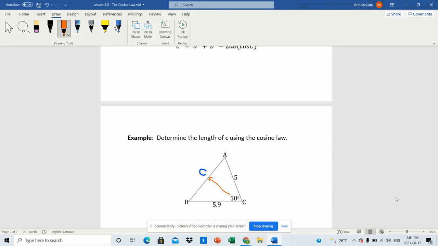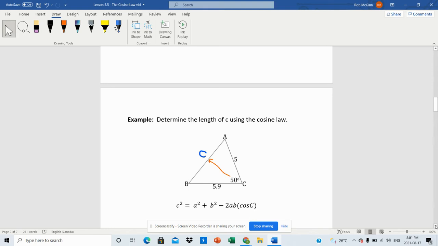And now we're going to use our formula to solve for C. So we're going to use c squared equals a squared plus b squared minus 2 times a times b times the cos of C. So c squared is what we're looking for, and we're using angle C in our calculation. Now all it is a matter of putting the numbers into our formula.